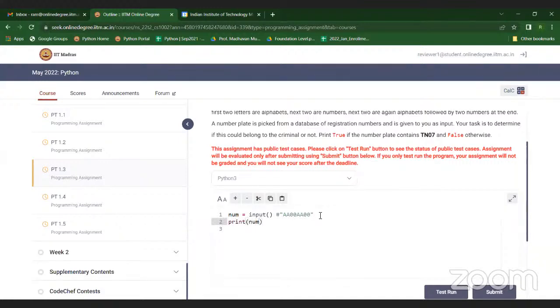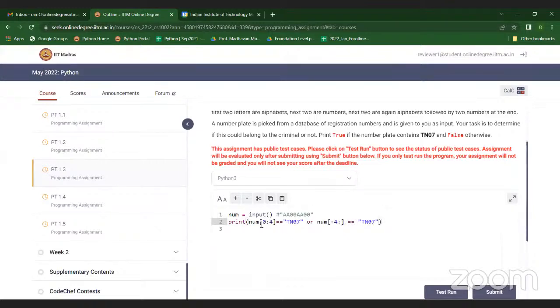How do you get the first 4 characters? From 0 to 4, right? If it equals TN07, or the last 4 characters, get the last 4 using this, equals TN07.